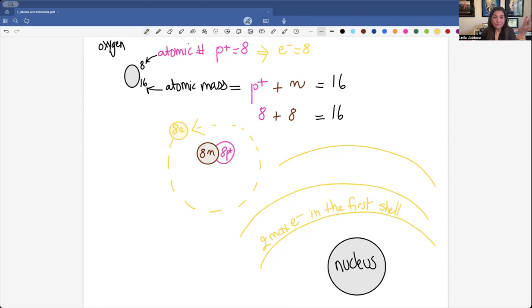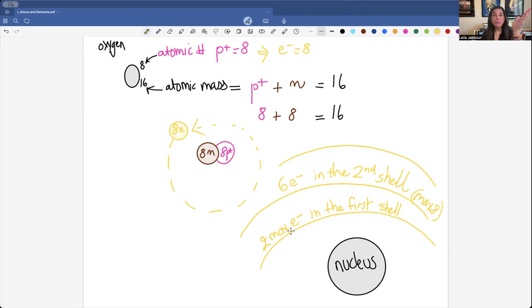So for oxygen, if we put the first 2 electrons in the first shell, how many electrons are we going to be left with? 8, take away 2, that's 6. So we have 6 electrons in the second shell. And the second shell has the capacity of taking a maximum of 8.